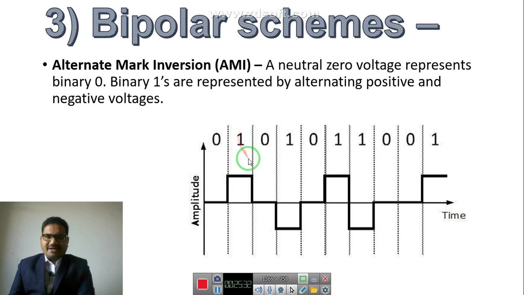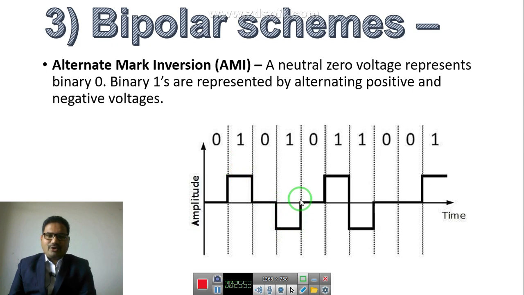First binary 1 is represented by positive volt. Since the next bit is 0, it is represented by 0 volt. But now the next bit over here is 1. So binary 1s are represented by alternating positive and negative voltage. Earlier it was positive, so for the next bit 1 it would be negative.